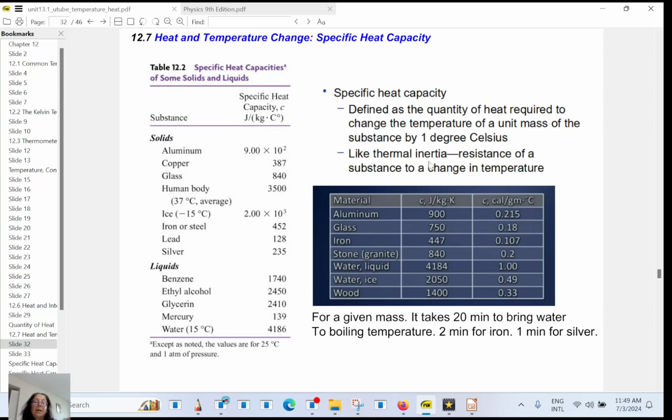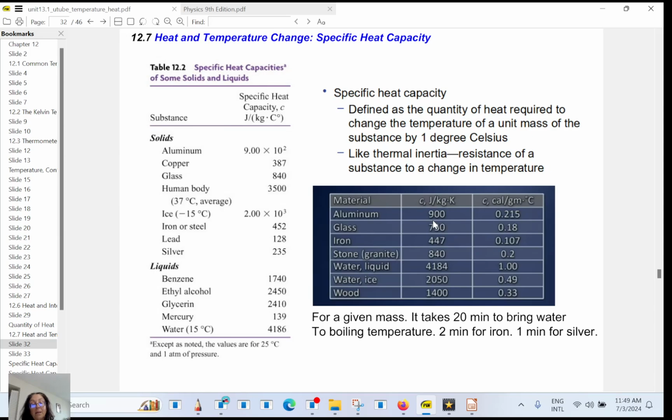And then when it contains that thermal energy, it takes a lot of time to release that energy. So, for example, for a given mass, if it takes 20 minutes to bring water to a boiling temperature, it will take 2 minutes for iron and 1 minute for silver.